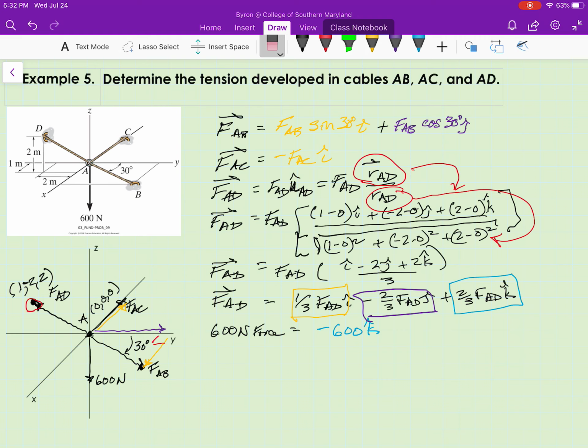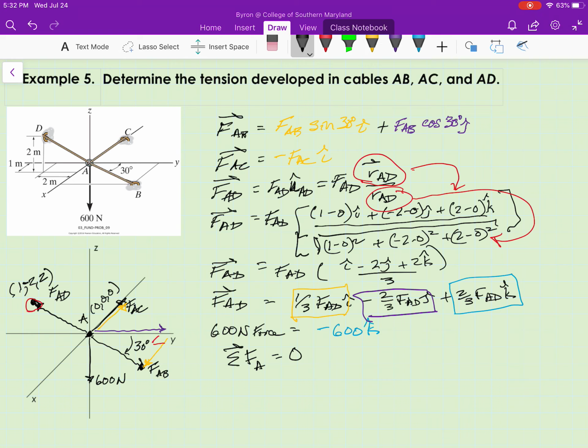Now, why can I do that? Because for a particle in equilibrium, the sum of the forces on A have to equal 0, and I can write that in terms of the three scalar equations.